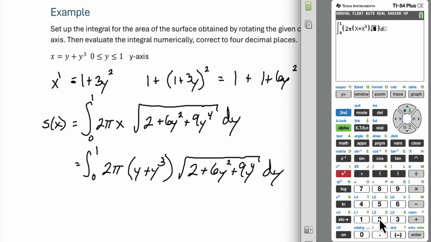Square root of 2 plus 6x squared plus 9x to the 4th dx. And I know that those are actually y's. I'm just using x for the calculator. Here we get the area. Surface area is roughly 13.5134.